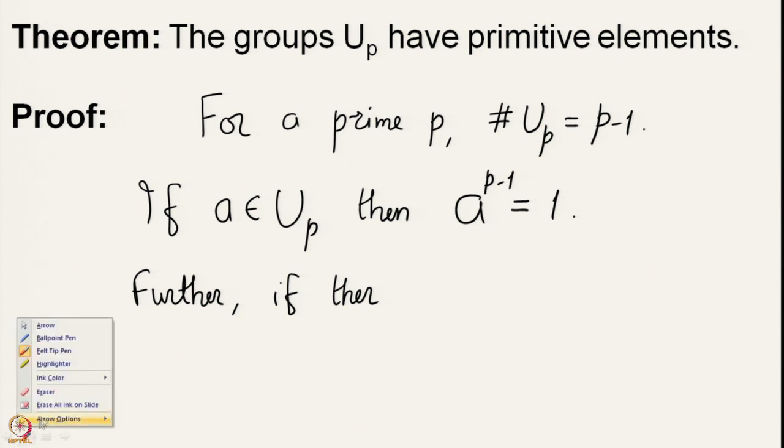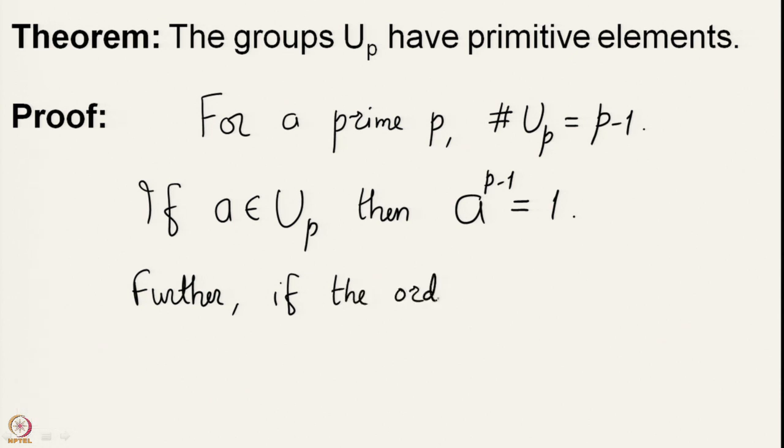If the order of a is m, then we also know that m has to divide p minus 1. So, if you take all the elements in the group Up and separate them out by their orders, then they would be in the sets which are indexed by divisors of p minus 1.